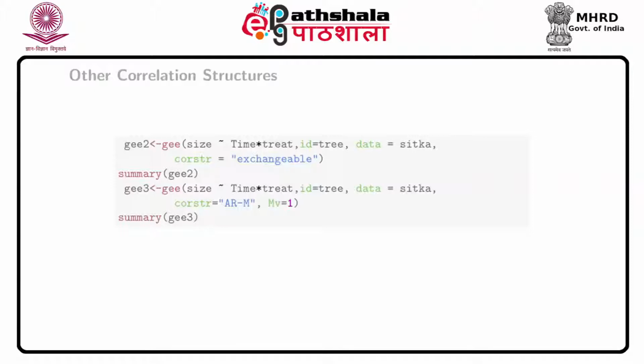What we can do is use the corstr option, and specify it as exchangeable or AR1, and so we have GEE2 and GEE3 as the two objects, and then we can use summary(GEE2) and summary(GEE3). I have not printed out the results of summary(GEE2) and summary(GEE3) because they produce a lot of output, but the interested user can do that.